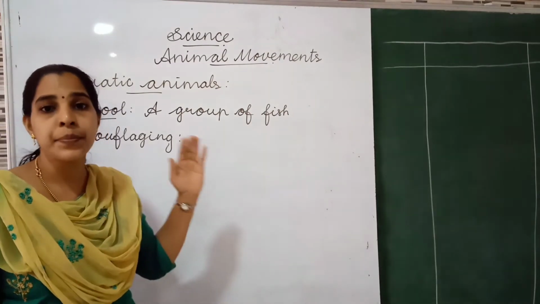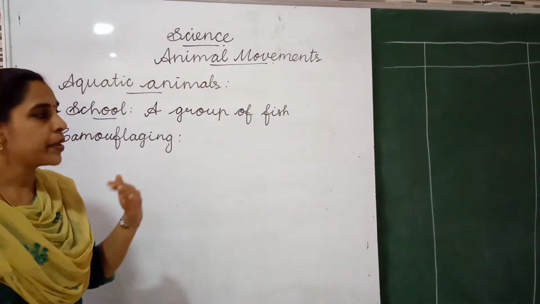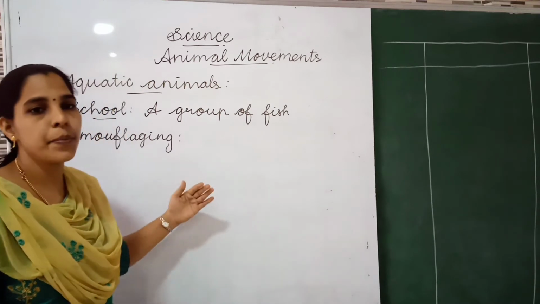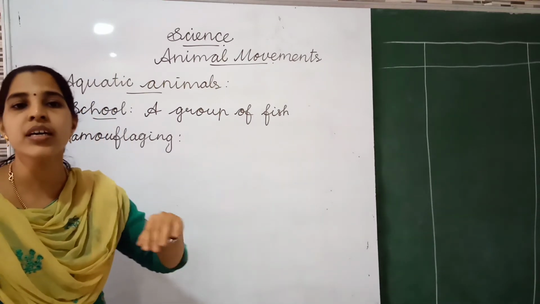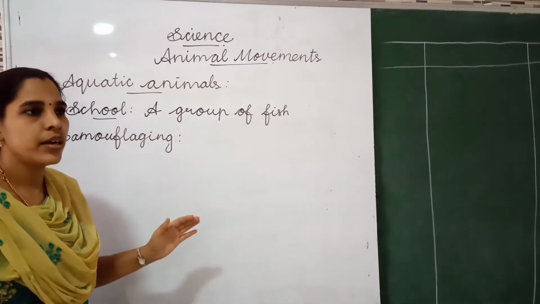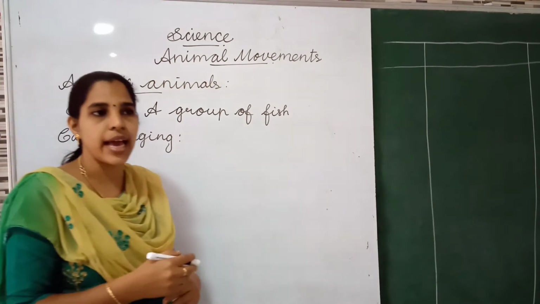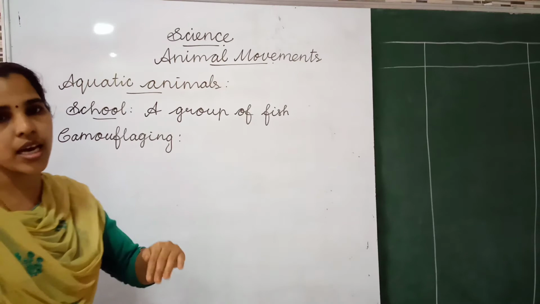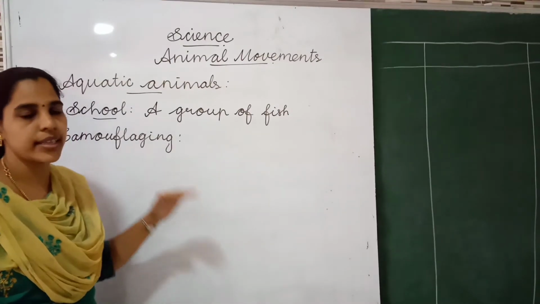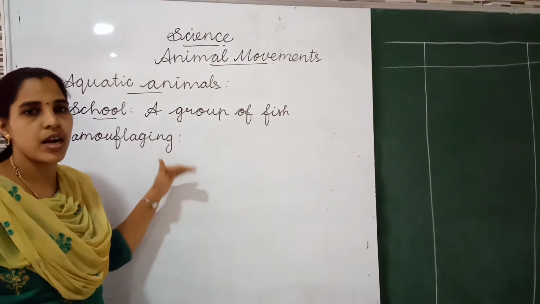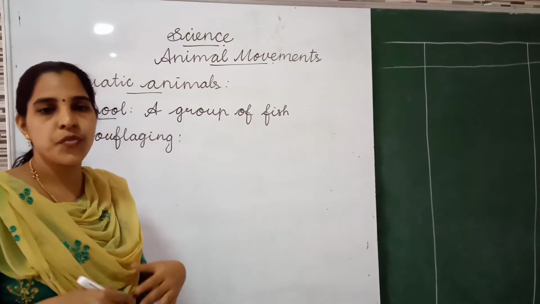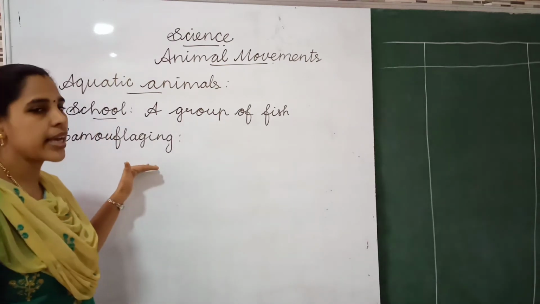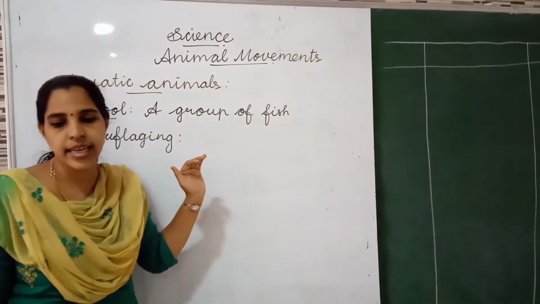These are called predators. To escape from predators, they will hide behind the rocks. Before that, they will change their color according to their surroundings in the water. That is called camouflaging. Did you understand that?